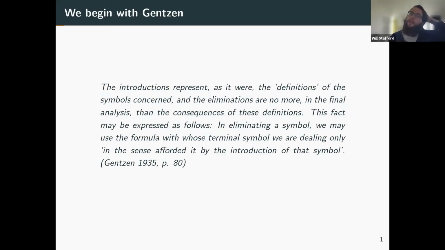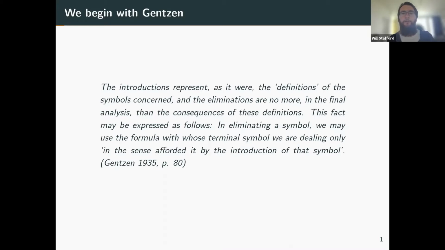Okay, so to start with the narrative that this project fits into, I need to start with Gentzen. So Gentzen, in developing the natural deduction calculus, highlights how the introduction and the elimination rules are related. And he does this in a very commonly quoted passage that I'm going to read to you now.